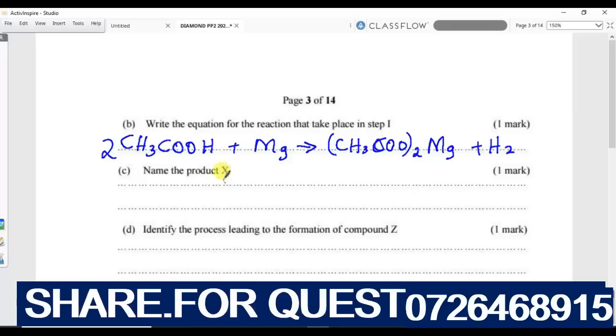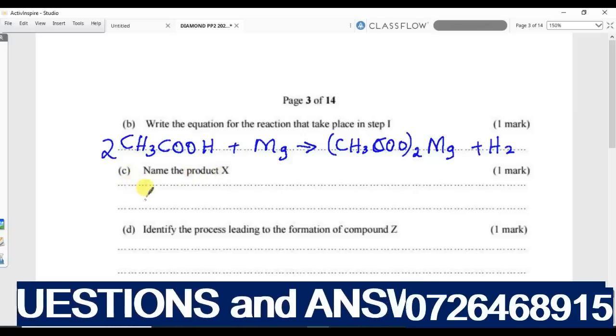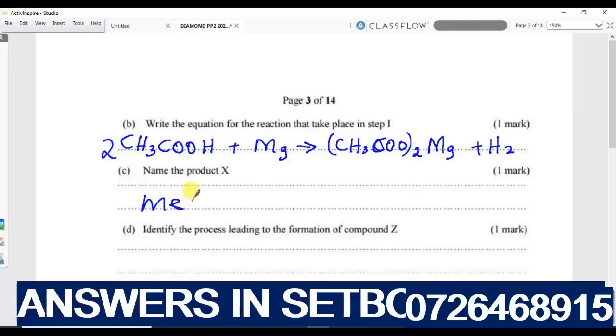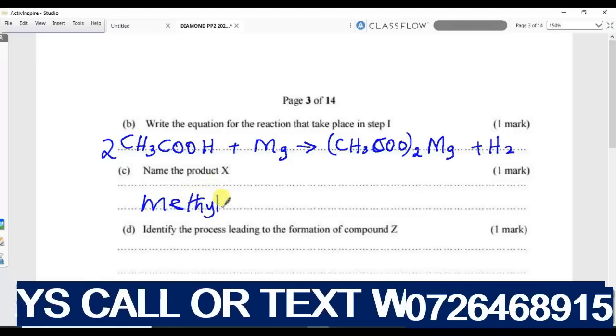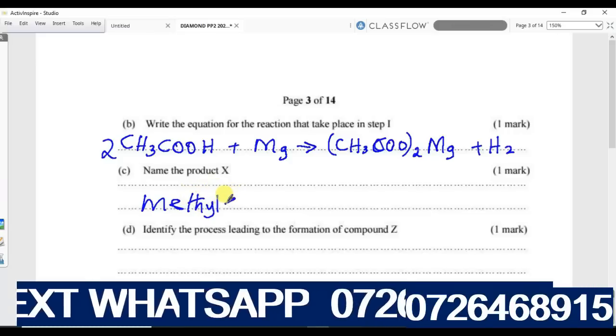Name the product X. X is methyl ethanoate. We said that is the ester.